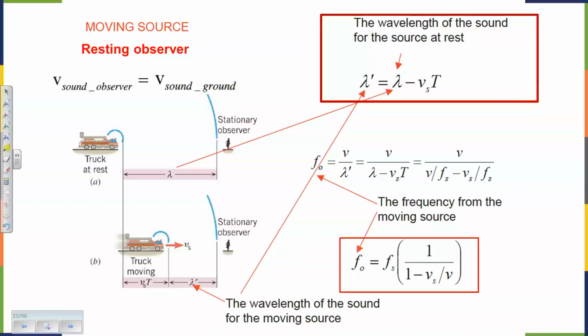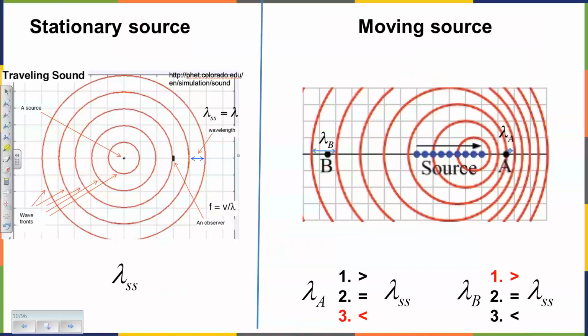Well, let's just do it. So this person experiences sound waves hitting the ears, membranes, and for this person, the frequency experienced by the observer, the wavelength and the speed of the sound from the reference frame related to the observer, are related by the same equation here.